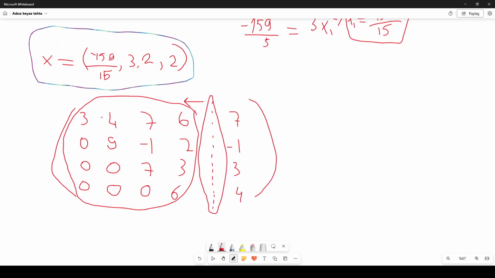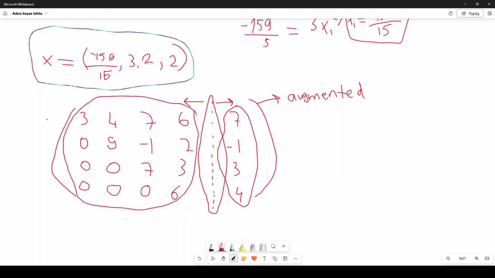Since there are 4 coefficient values, that means we have 4 unknown variables. The values to the right of the vertical dashed line are called the right hand side values, and this matrix again is called the augmented matrix. This is the matrix form representation of our system.